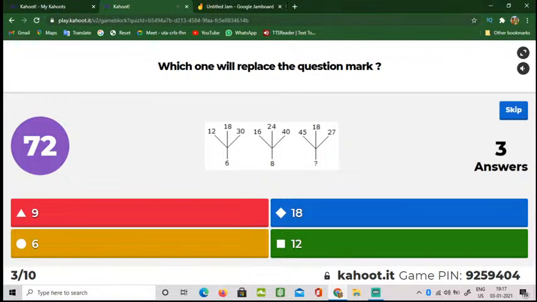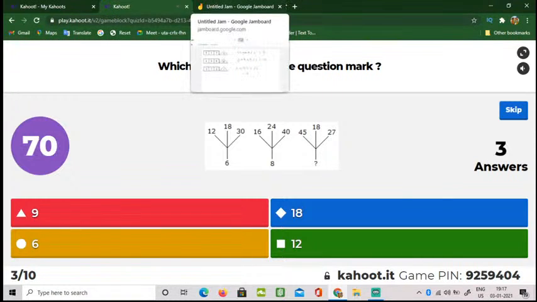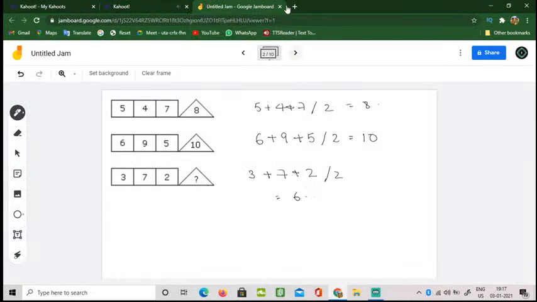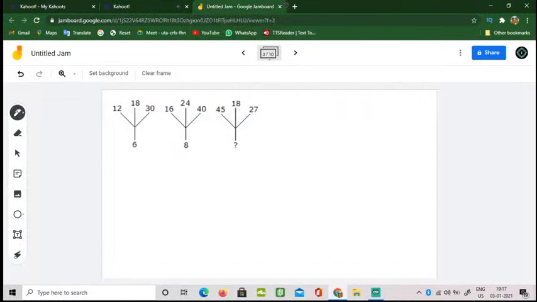Okay, I have got a query that the image is not clear. So let me show you in the Jamboard. I hope it is clear for you all.